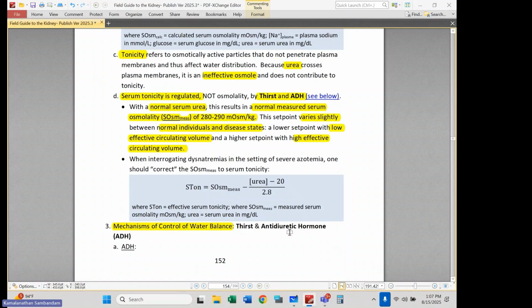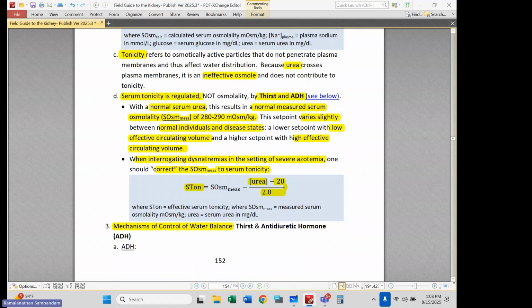Okay. Again, when you have severe azotemia, you can correct for this azotemia and try to intuit what the tonicity disorder is by essentially taking your urea, subtracting a quote unquote normalish urea. That's where this number comes from, just plucked from the air.